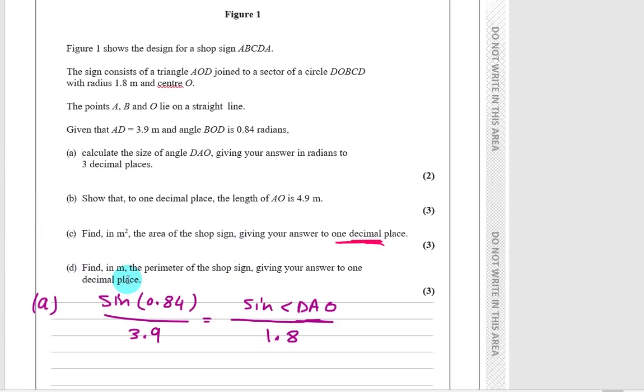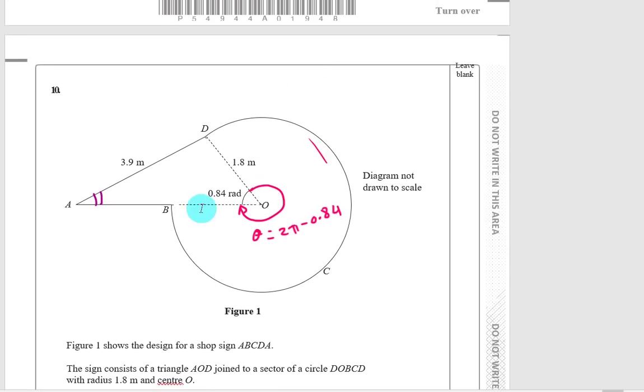Find in meters the perimeter of the shop sign, giving your answer to 1 decimal place also. So the perimeter here will be the length of the sector plus AB plus AD. AB, which is this part, the AO we already calculated 4.9.